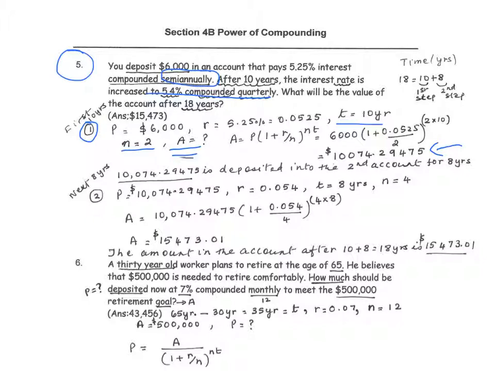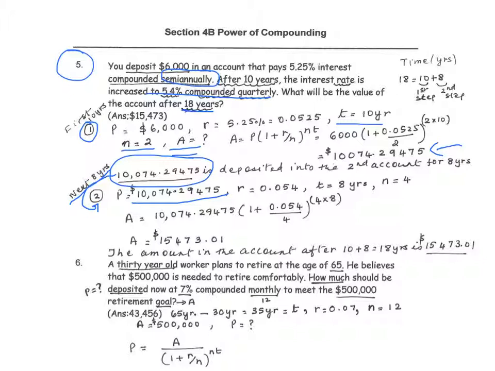So now this amount, it's not the original amount, so the money has grown, and this amount is deposited into a second type of account for the next 8 years. So that makes it a total of 18 years. 10 plus 8, 18. So the principal now is the amount that we deposit into this account at the beginning of the time period of 8 years.